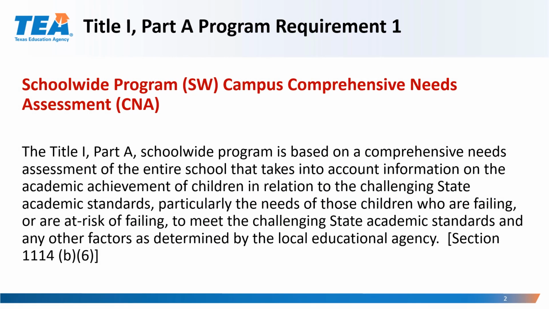The first program requirement being validated is a school-wide program campus comprehensive needs assessment. The Every Student Succeeds Act, also referred to as ESSA, states that the Title I Part A school-wide program is based on a comprehensive needs assessment of the entire school that takes into account information on the academic achievement of children in relation to the challenging state academic standards, particularly the needs of those children who are failing or at risk of failing to meet the challenging state academic standards and any other factors as determined by the local education agency.